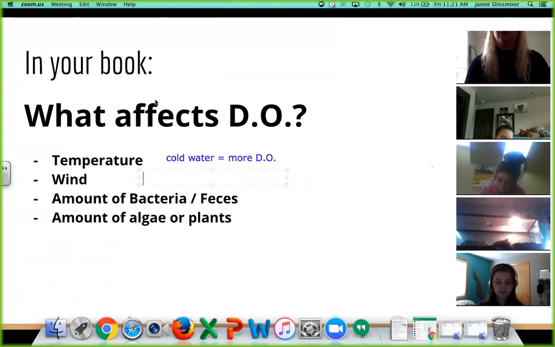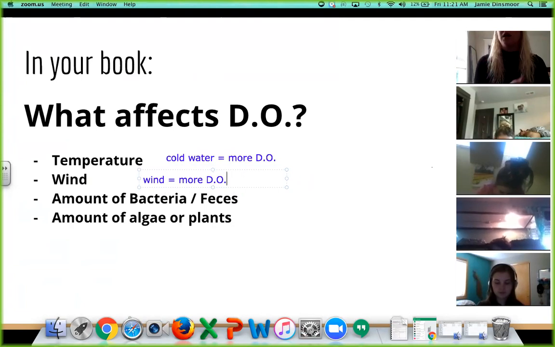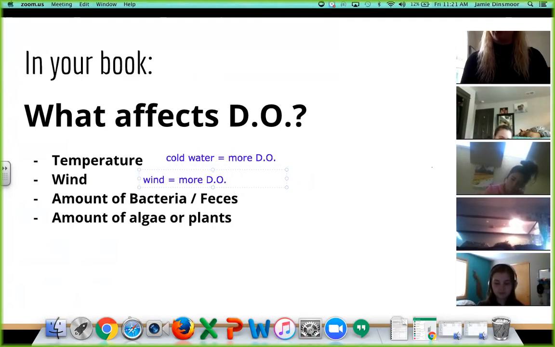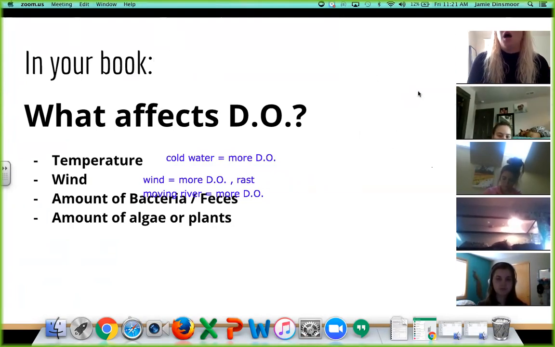Wind equals more DO, because then there's actually more oxygen being brushed across the water or introduced to the water, right? The same thing is going to be true about a current. Like a fast moving river equals more dissolved oxygen.